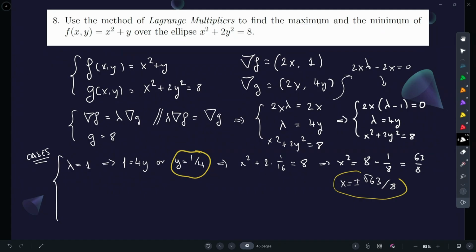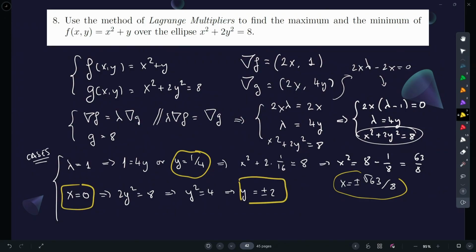The other possibility to make this equation be 0 is that x is 0. So what happens if x is 0? That's fine. I have an equation right there that tells me that then 2y squared is equal to 8, and therefore y squared is equal to 4, and therefore y is plus or minus 2. Okay? So those are the points to try out. So now I have to evaluate the function at those points.